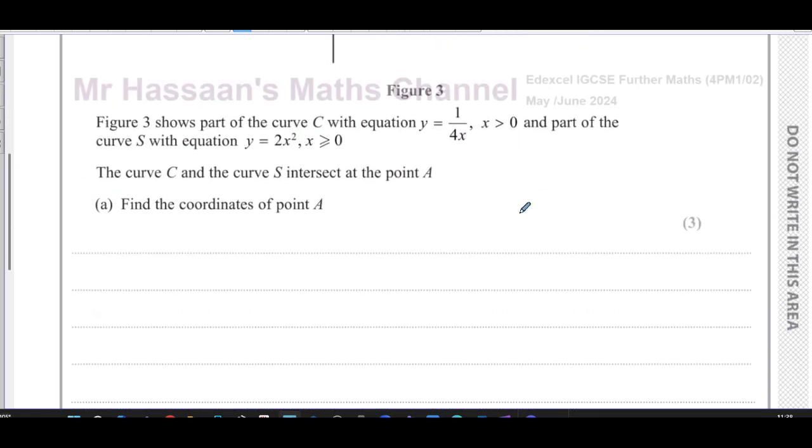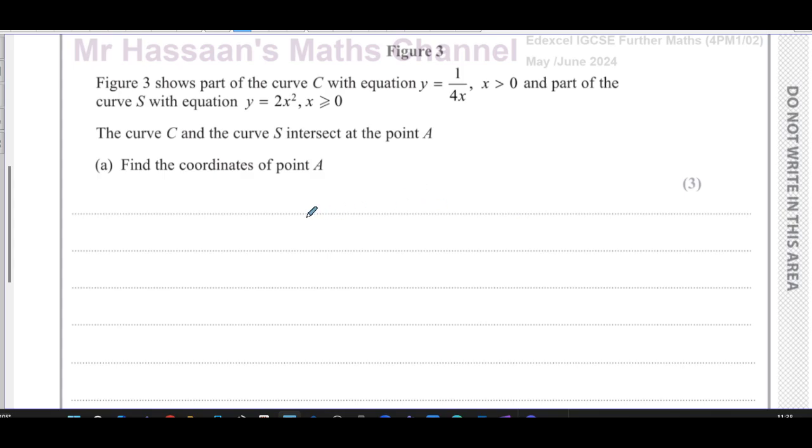So that's pretty simple. We just have to solve these two equations for curve C, which is y equals 1 over 4x, and for curve S, which is y equals 2x squared, simultaneously. So I'm going to take the y in curve C and replace it with what y equals from curve S, in which case I'll get 2x squared equals 1 over 4x.